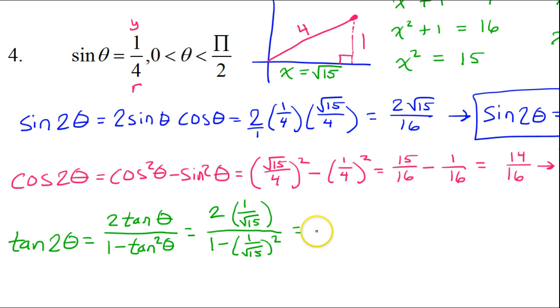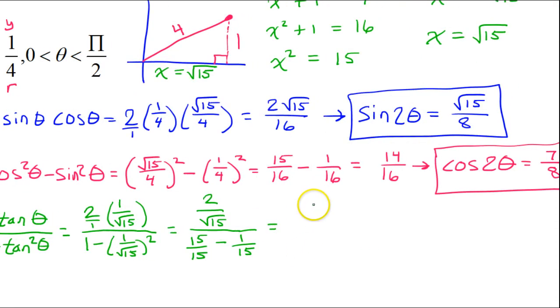Okay, so it's just a matter of simplifying this down. Looking at this as 2 over 1, I'm going to have 2 over radical 15. And let's see, if I square this, I'm going to have 1 over 15. All right, and then I'm going to write 1 as 15 over 15, so I have like denominators.